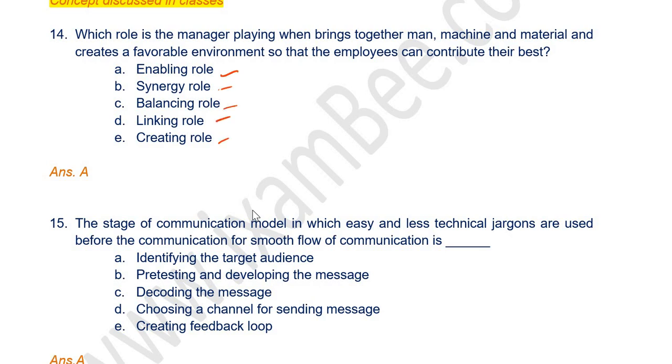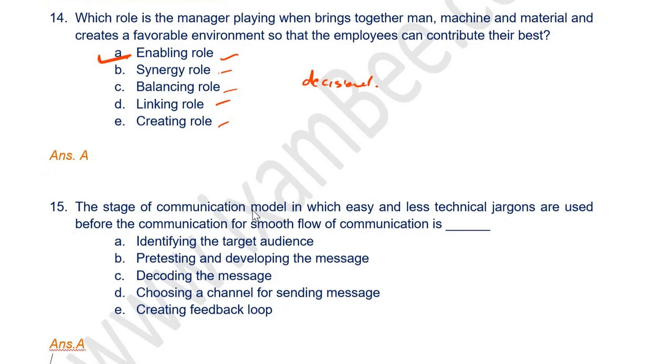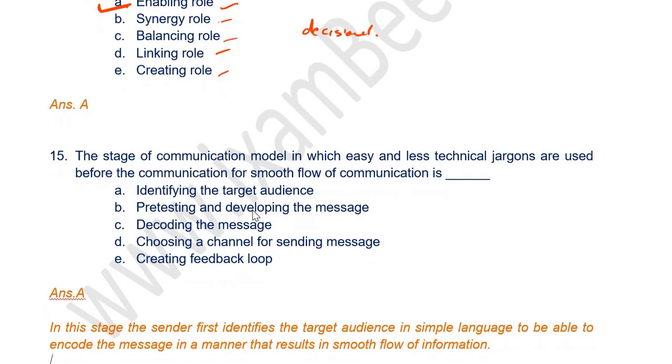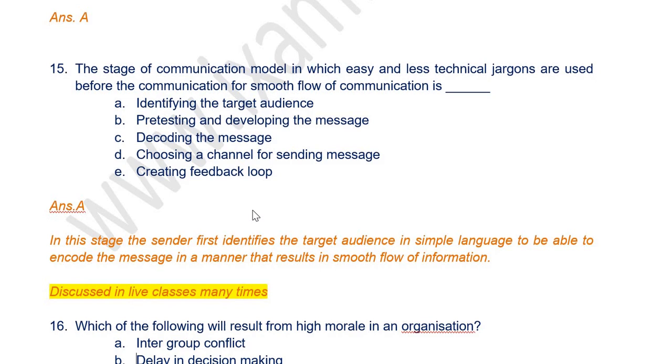And the closest that I could think, and students have also mentioned, is enabling role, because here the manager is helping bring together all the various kinds of resources, and therefore he is becoming an enabler in which environment the employees bring out their best. So that looks like the closest option, which is more like a decisional role that the manager is playing in this case, if I relate it to the Mintzberg roles.